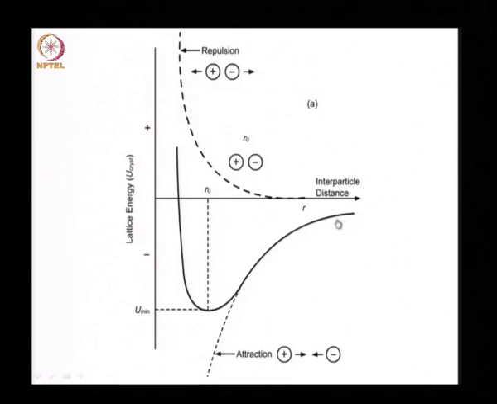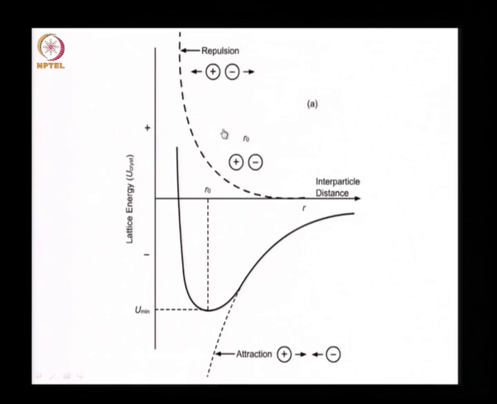And what we see now is a typical shape of this diagram, where as the interparticle distance decreases, the lattice energy decreases, reaches a minimum at a certain configuration defined by an interparticle distance r0, and then when the particles are pushed closer to each other than this r0, the repulsion becomes more and more, and if you go very close the repulsion is much more than the attraction.